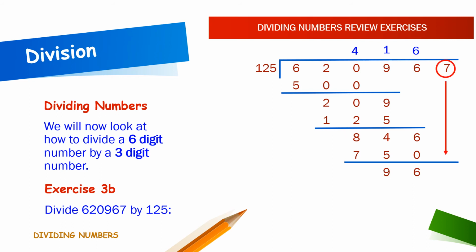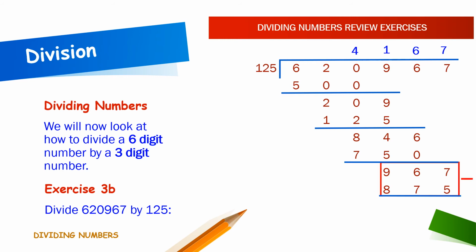Bring the 7 down. How many 125s are there in 967? There are 7. Position the 7 here. 7 times 125 gives 875.